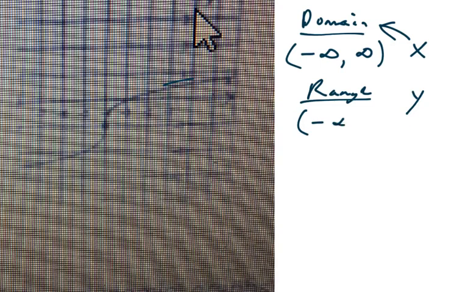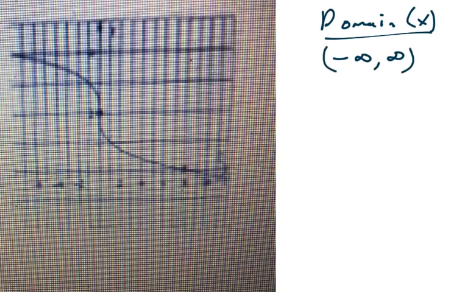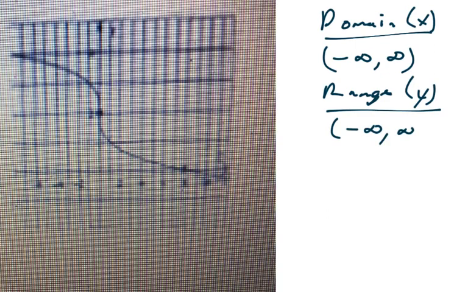Range also from negative infinity to positive infinity. Let's see what the last graph looks like. This one is the same curve going the other way. So again, domain, which is your x, is negative infinity to positive infinity again. And your range, which is your y values, is also negative infinity to positive infinity.